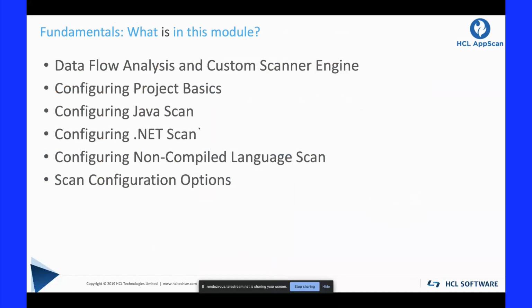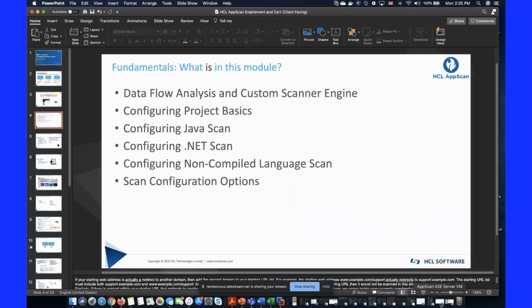Today, what I'm going to show you is configuring non-compiled languages, so interpreted languages like PHP. That's something I can show you of what we teach in one of these classes.